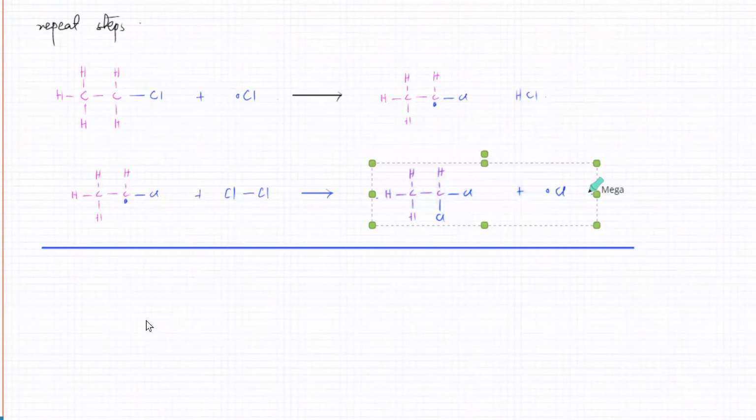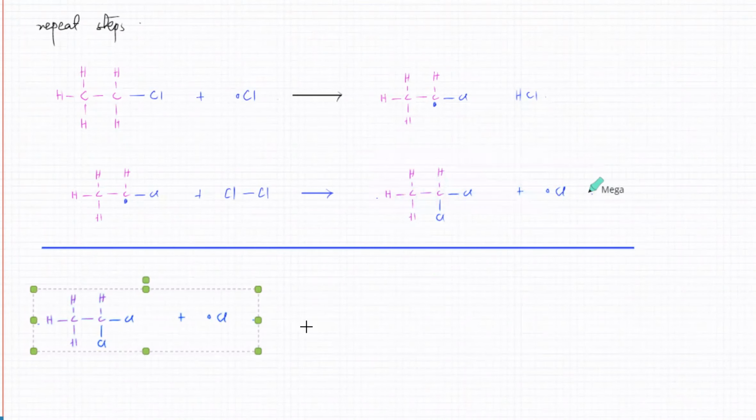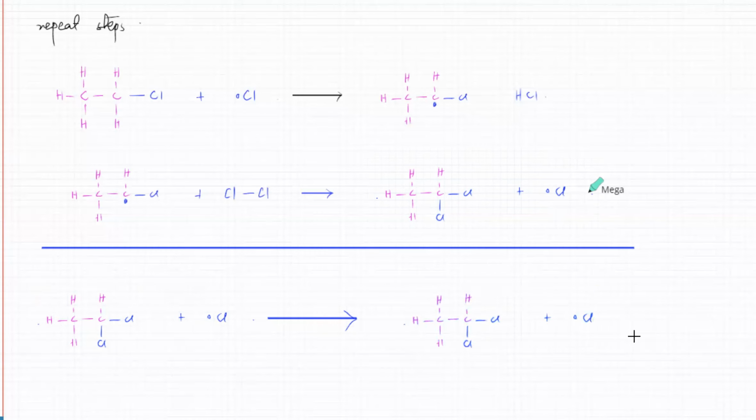The Cl radical wants its electrons back. What it's going to do is take one of the H. So let's say this H is gone. So the molecule that's going to be formed is, let's just copy paste this. So the Cl comes in, removes one of the H over here.